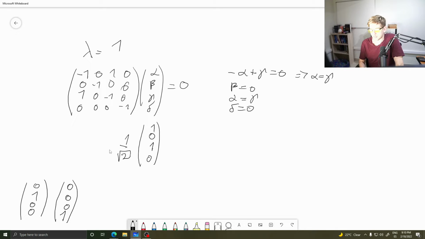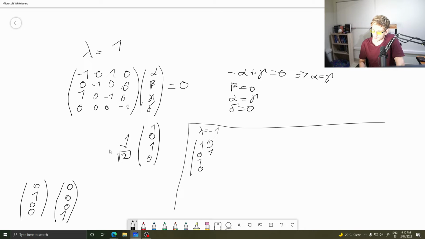Okay? Now, the exact same thing for lambda equals minus 1. So if lambda equals minus 1, let's do it here. Then we would get 1, 0, 1, 0, 0, 1, 0, 0, 0, 1, 0, 1, 0, 0, 0, 1. And of course, alpha, beta, gamma, delta.